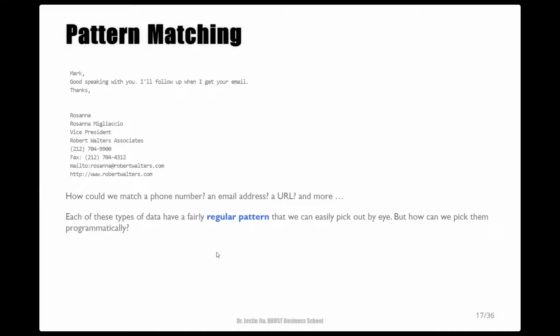Then, how could we match a phone number, an email address, a URL, and many others? Each of these types of data have a very regular pattern that we can easily pick out by eye. But how can we pick them programmatically? This gives rise to the need for a pattern language, which can help us better search text.